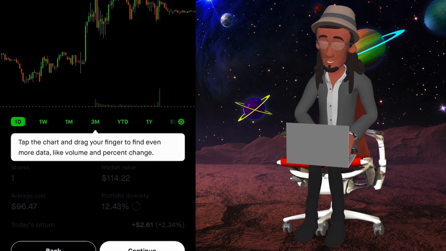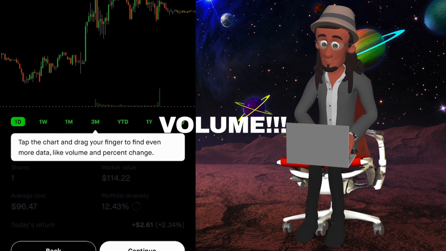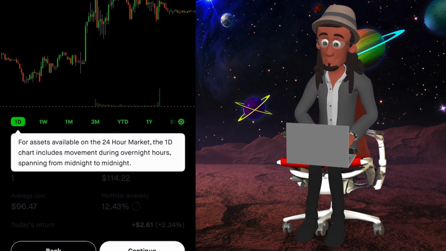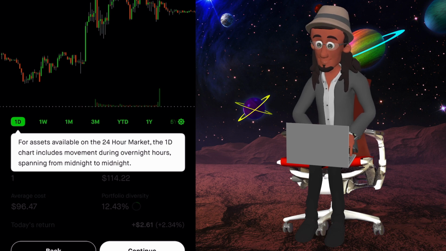Tap the chart and drag your finger to find even more data like volume and percentage. For assets available on the 24-hour market, the one-day chart includes movement during overnight hours spanning from midnight to midnight. So the 1-day chart is going to show you all of the trading hours. You notice at the top it says today. That's how much this stock moved from open to close.